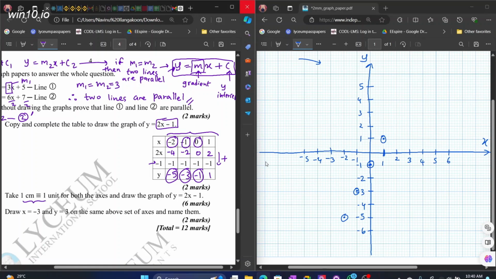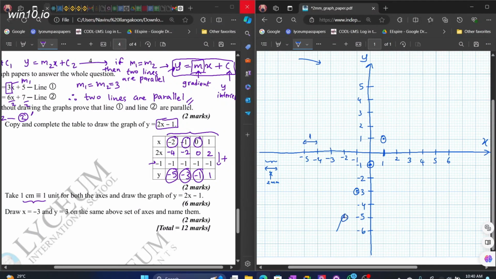Okay. So this is a graph paper that has 2 millimeter in this small square. This is 2 millimeter. So you have 5 of these small squares there. So that's 1 centimeter. So then this is 1 centimeter and this is 1 unit.